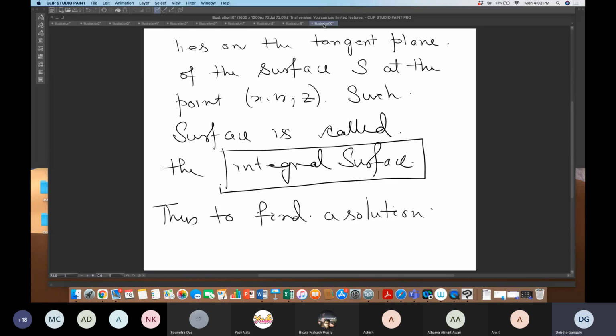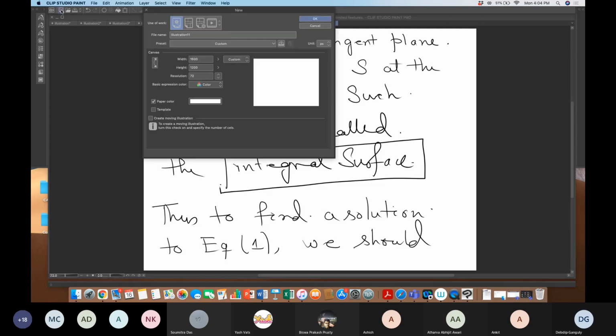Thus, to find a solution to equation 1, we should try to find the integral surface. Is it clear or not?